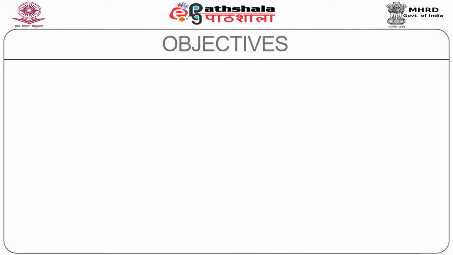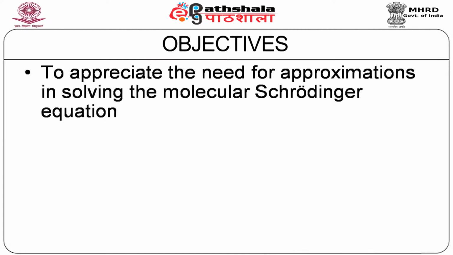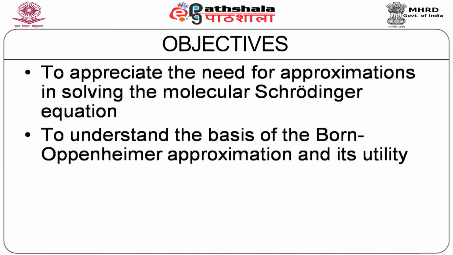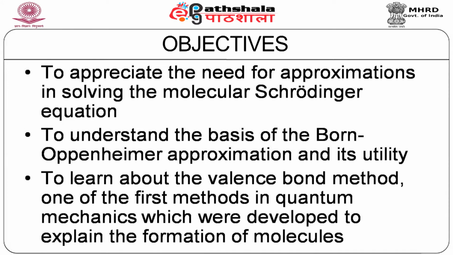In this module, our objectives are to appreciate the need for approximations in solving the molecular Schrödinger equation, to understand the basis of the Born-Oppenheimer approximation and its utility, and to learn about the valence bond method, one of the first methods in quantum mechanics which were developed to explain the formation of molecules.